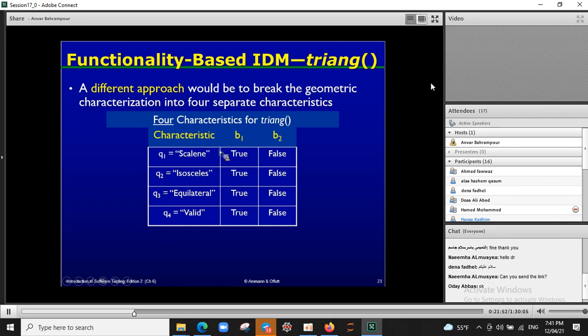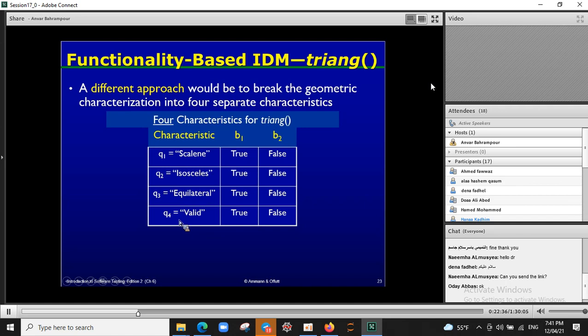Okay, this point of view is different from the previous approach. This is an independent characteristic in this point of view. We consider all triangles in 2 parts. The first part consists of all scalene triangles, and the second part includes all non-scalene triangles.